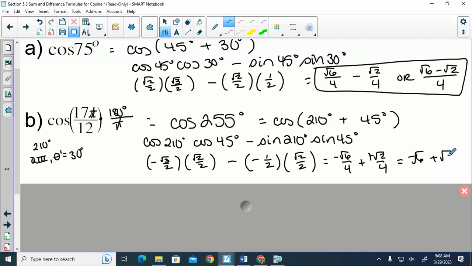If you wanted, you could put them in a fraction like this. Either way is fine. Is that one okay? Let's try another.